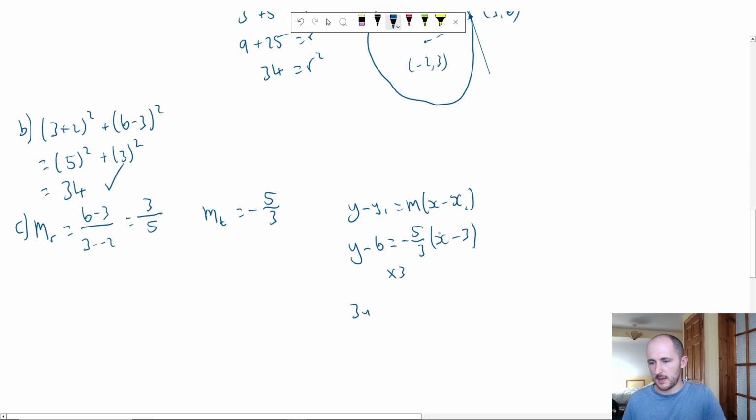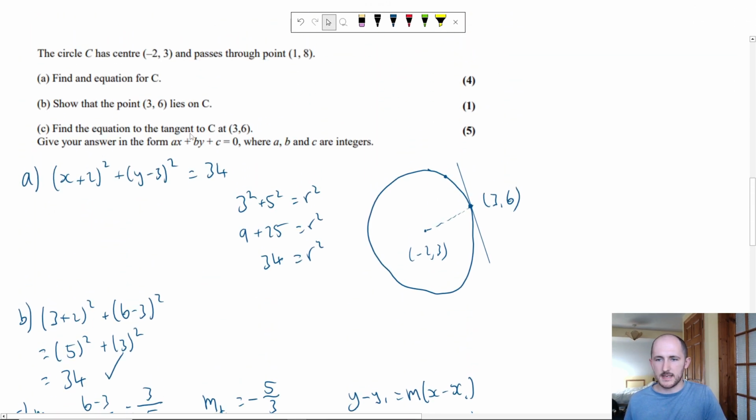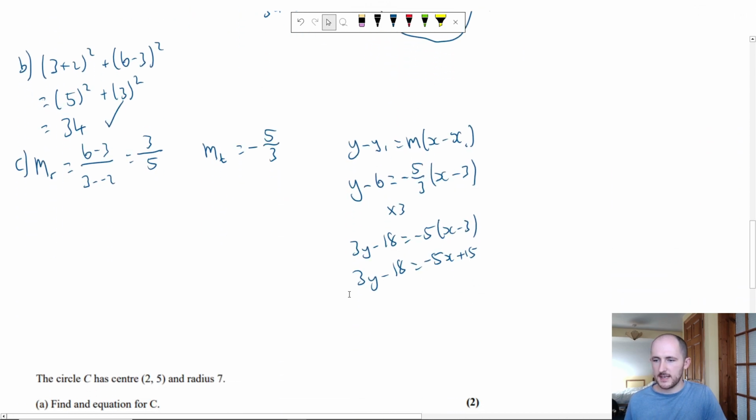So we get 3y minus 18 equals minus 5(x minus 3). Expand the brackets: 3y minus 18 equals minus 5x plus 15. And now lastly, but certainly not least, move everything over to the left hand side and we're done. x goes first because it just says that in the question, so plus 5x plus 3y, and then we have minus 18 minus 15.